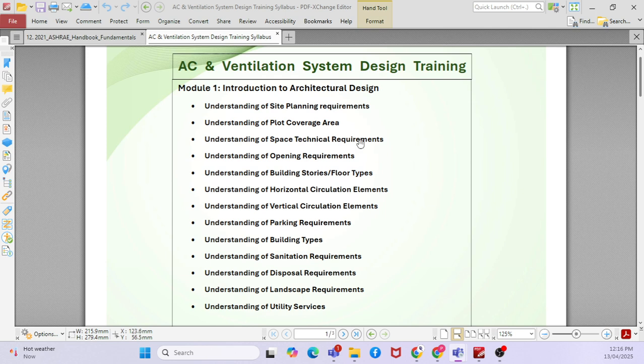Site planning is overall, including the complete plot limit within the particular buildings. So here you have the plot coverage area. If you go to the guideline that I have shared with you, you have a plot coverage area, then the space technical requirements: how to design the staircase, the lift, the corridor, and each and every space like the kitchen, pantry, toilet, bedrooms, and hall.